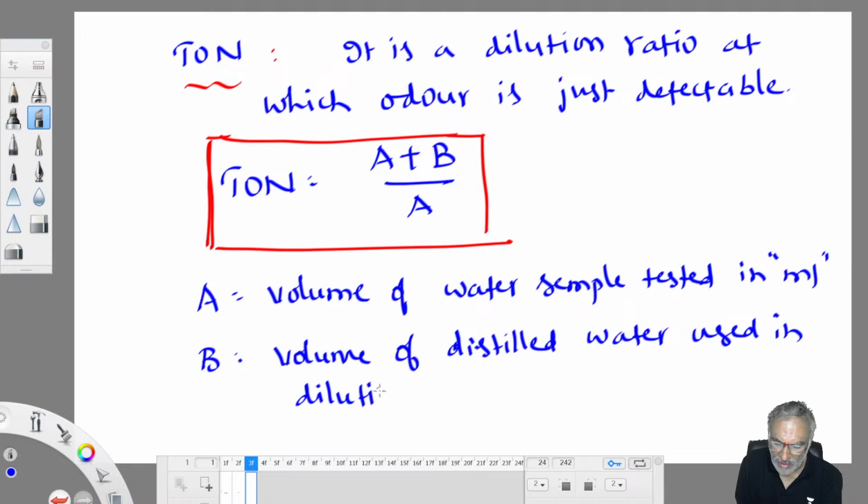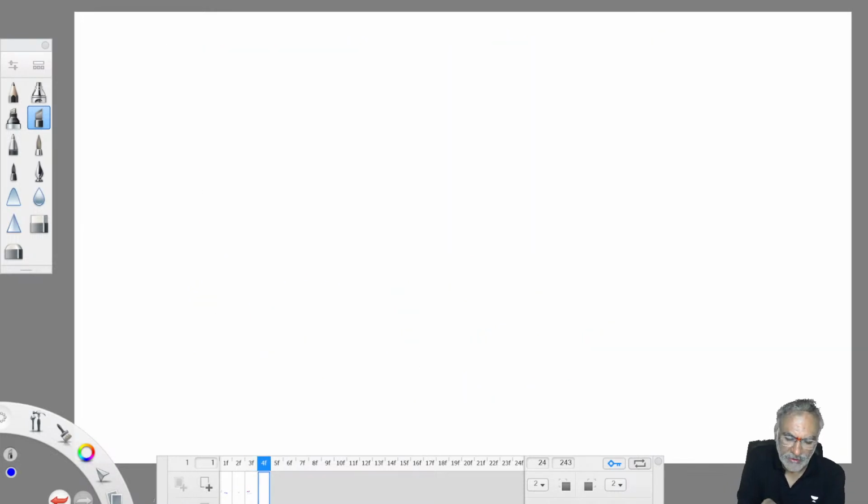So it is a number you will get. Okay. Our drinking water standard with respect to this: the threshold odor number should not be more than 3 as far as drinking water is concerned.